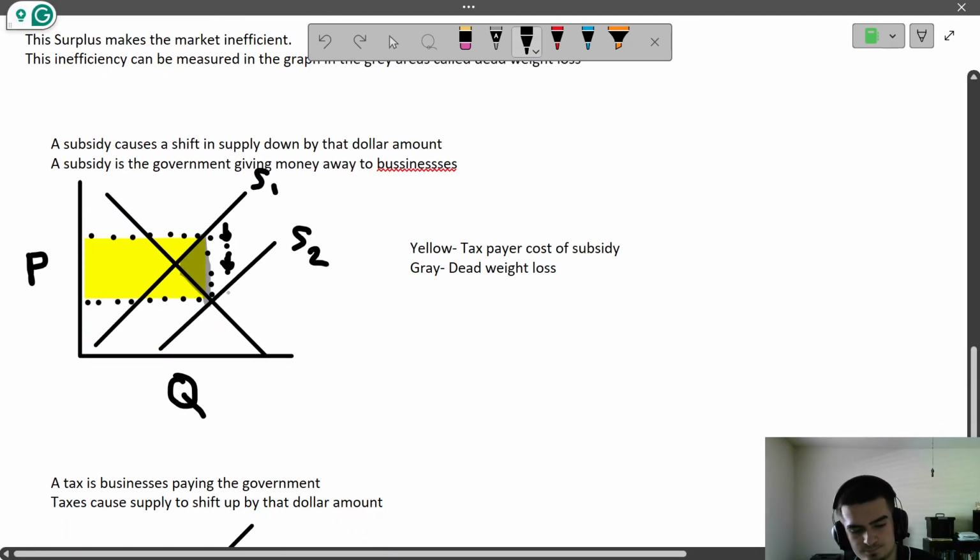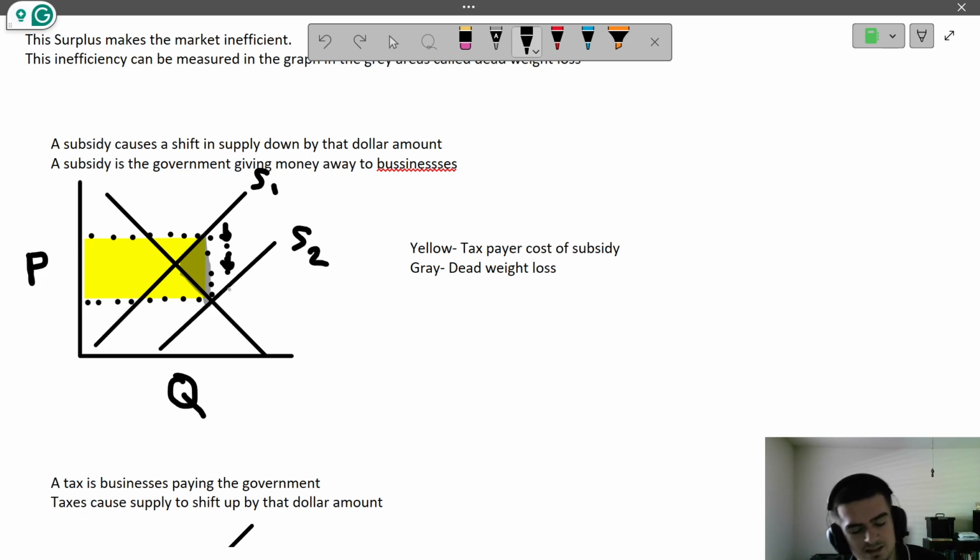And with that subsidy, you can calculate deadweight loss by the triangle between the two supply curves, between this new price and old price.